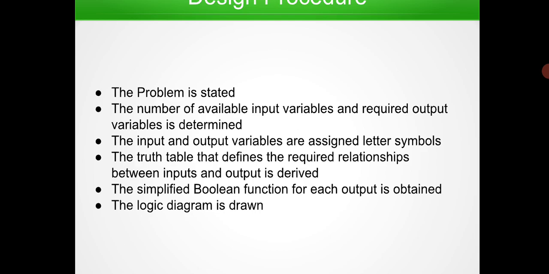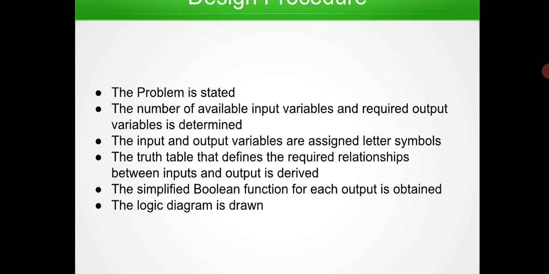The last thing is the logic diagram is drawn. Based on that logic diagram, you will see how exactly a particular thing is working. Ultimately, when you have some boolean function and want to minimize its complexity, you require all these steps, isn't it?